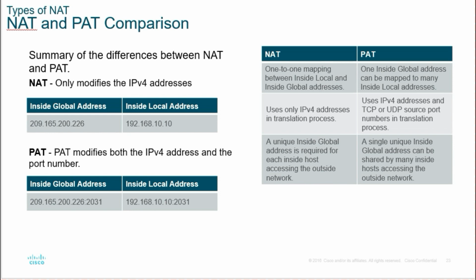Okay, so ini ada comparison between the NAT and PAT. Okay, so basically yang obvious adalah dalam NAT kita ada one-to-one mapping, manakala dalam PAT kita ada many-to-one. Okay, so yang membezakan again ini kita hanya map kepada IP address, yang ini kita juga map kepada the port number.